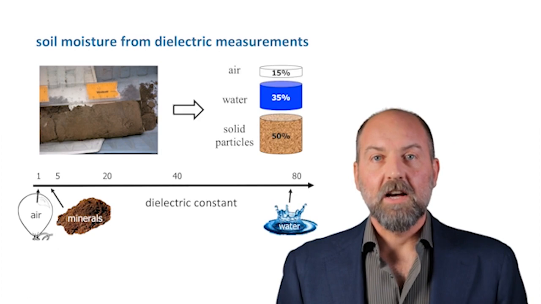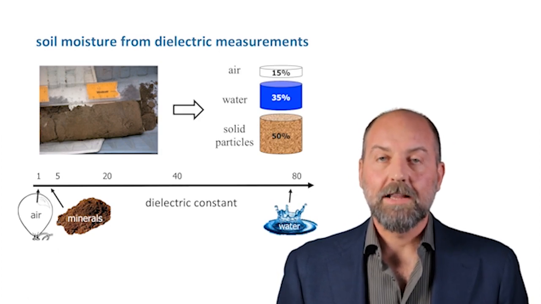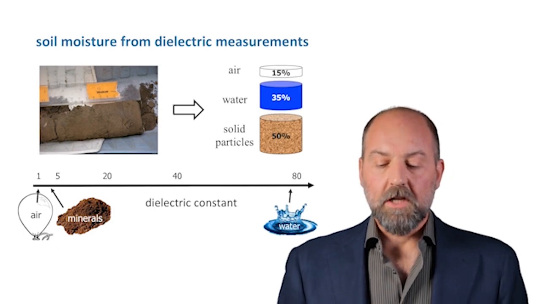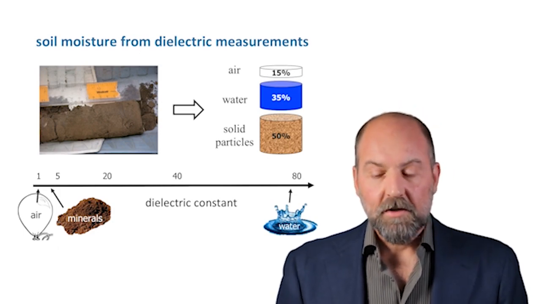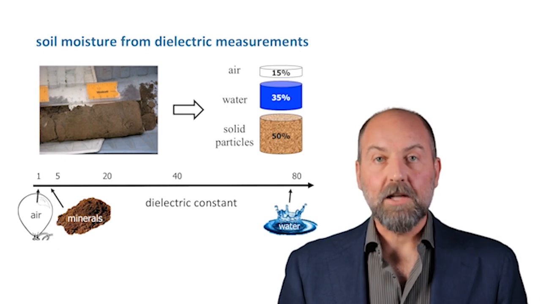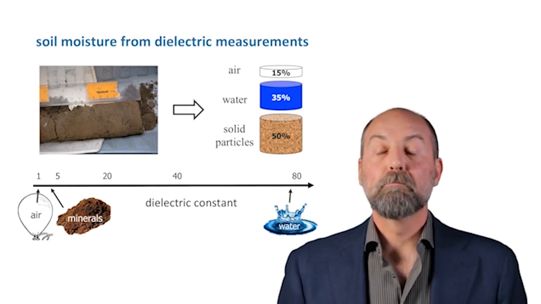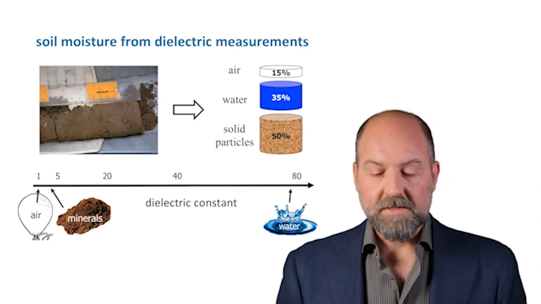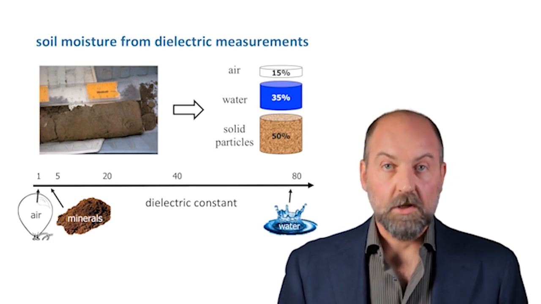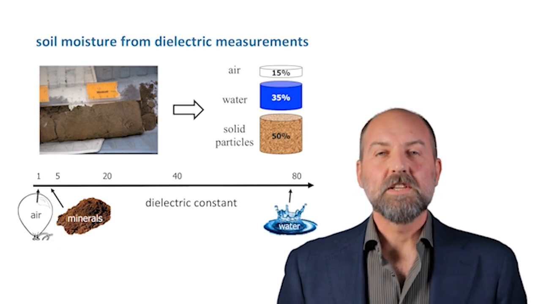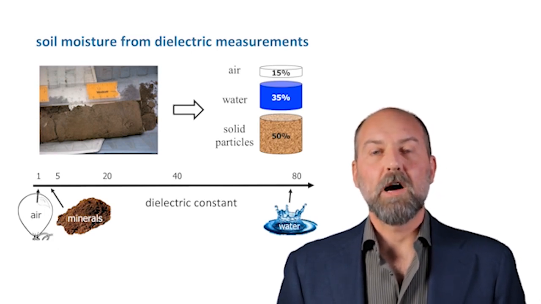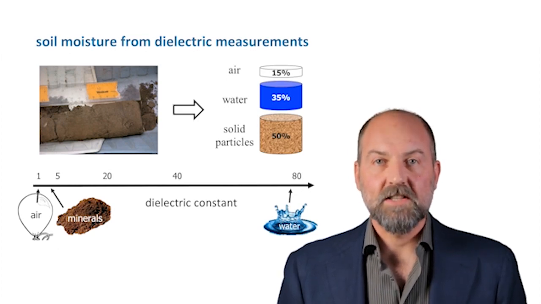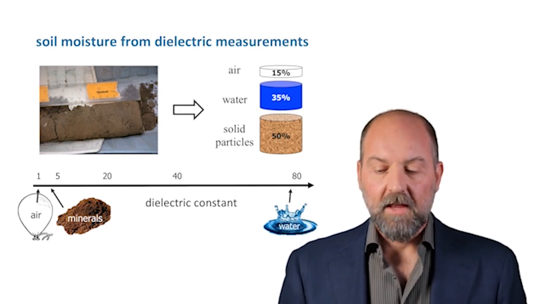We will talk at length and define what dielectric permittivity is, but if you accept for now the fact that water has a value of dielectric permittivity much higher than the other two components, air and solid particles, then it is intuitive that the amount of water present in soil should somehow affect the overall permittivity of soil.